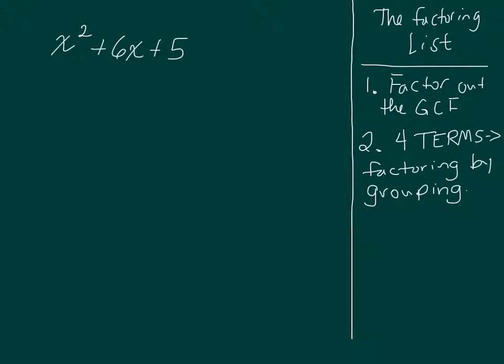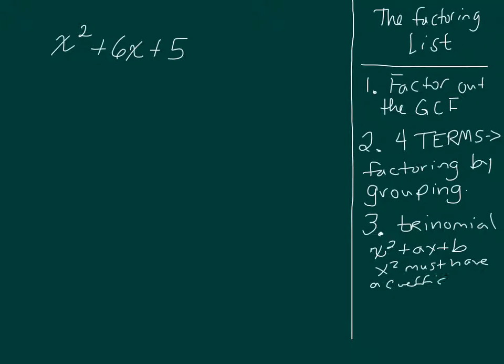There are three terms. This is a trinomial instead of four, so I can't do step 2. So it must be time for step 3. And step 3, you can only apply step 3 if you have a trinomial. And furthermore, your trinomial has to be of the form x squared plus ax plus b, where x squared must have a coefficient of 1.